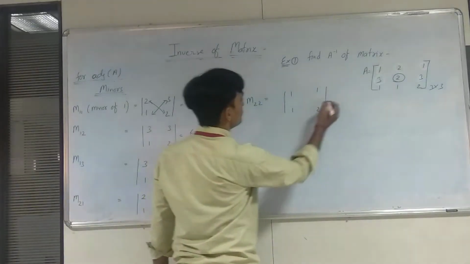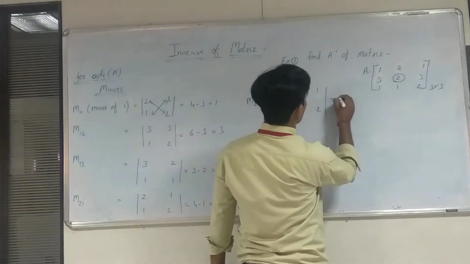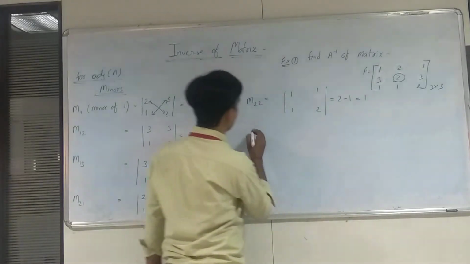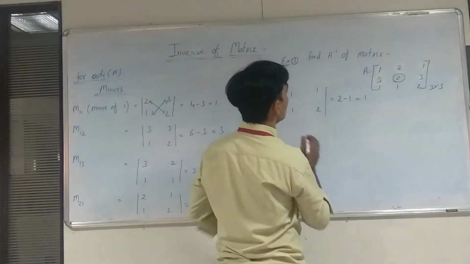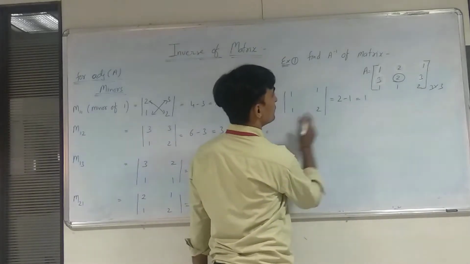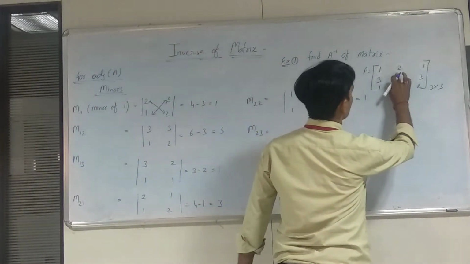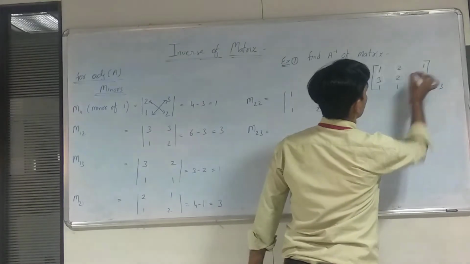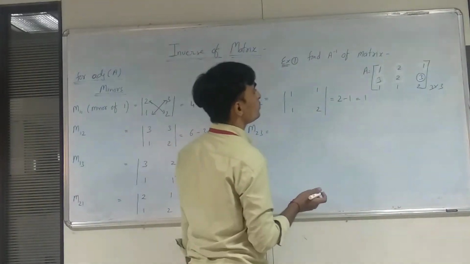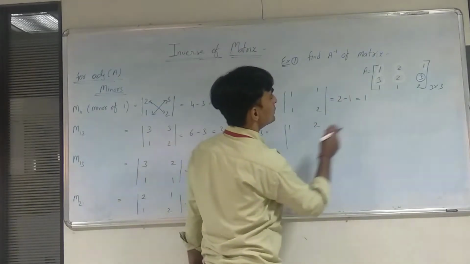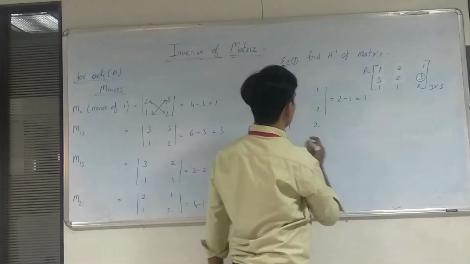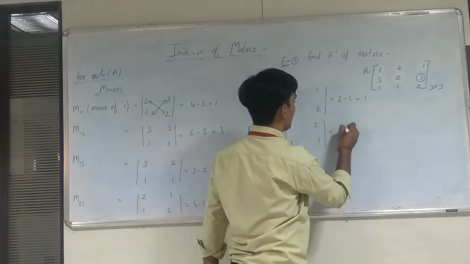This gives you 2 minus 1, 1. M23, second row third column, 1 2 1 1, so it is minus 1.